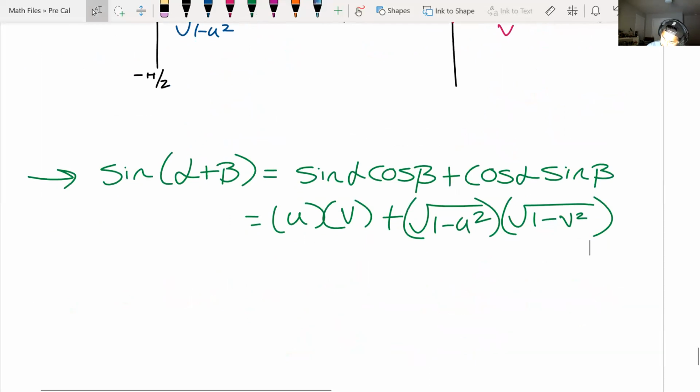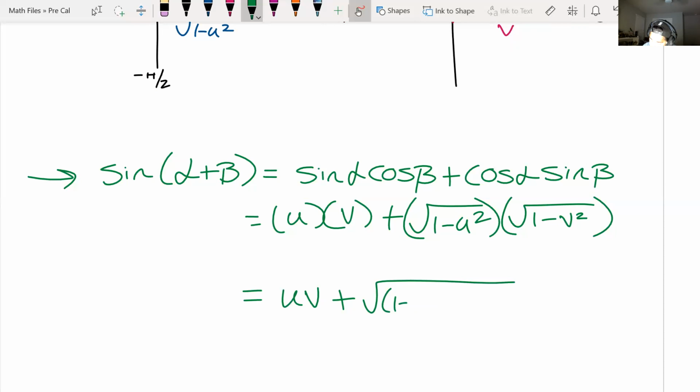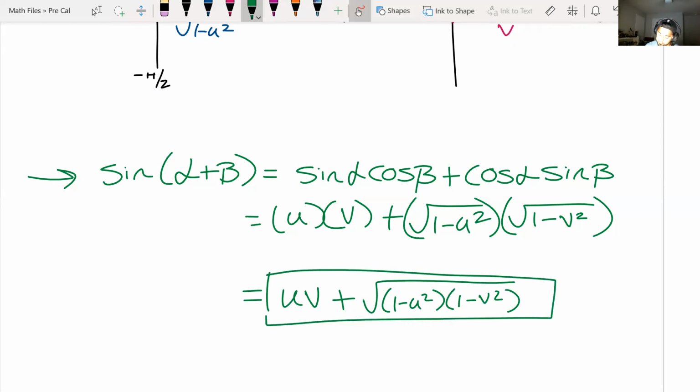I was wondering, can you simplify it any further? No, right? You could FOIL the insides, but I don't think that would get you anywhere. You could rewrite it as this. But that should be most of what you can do.